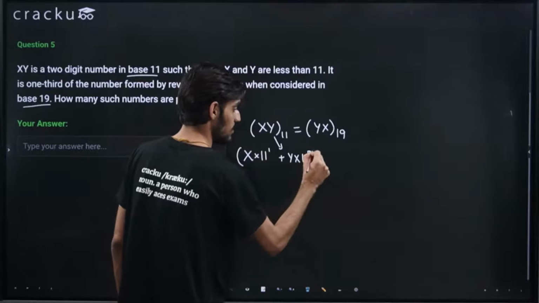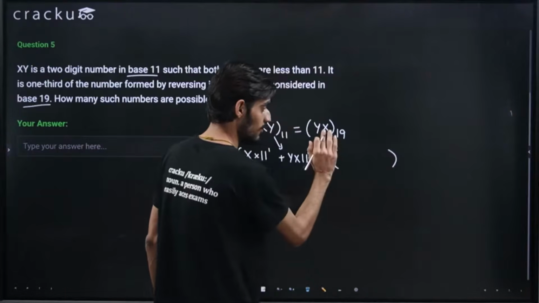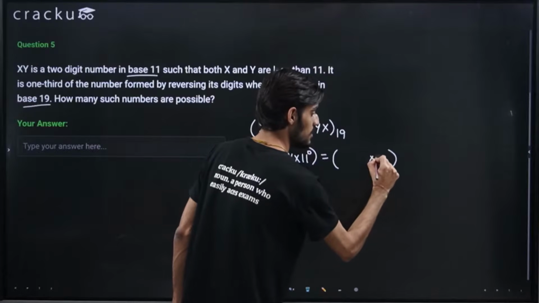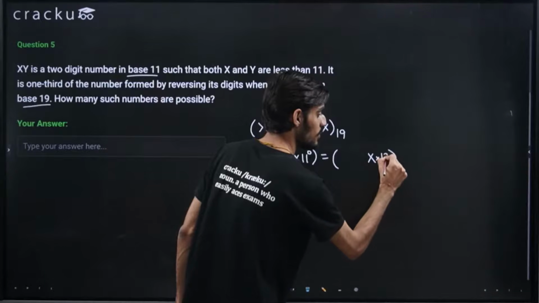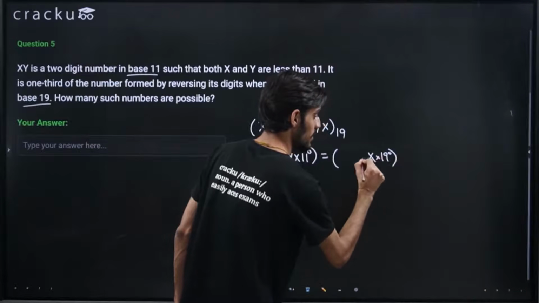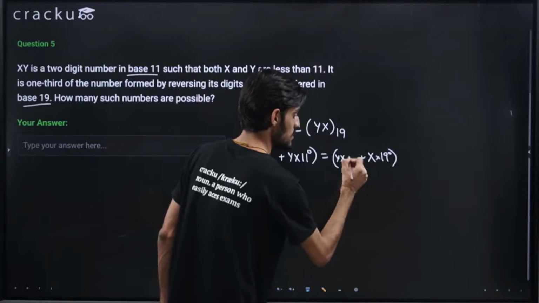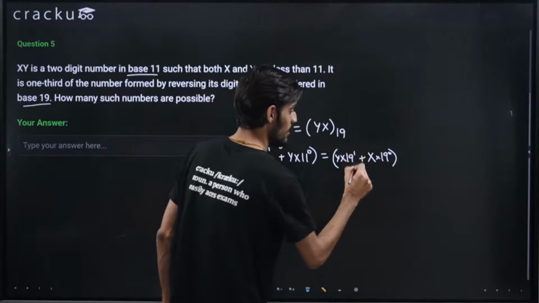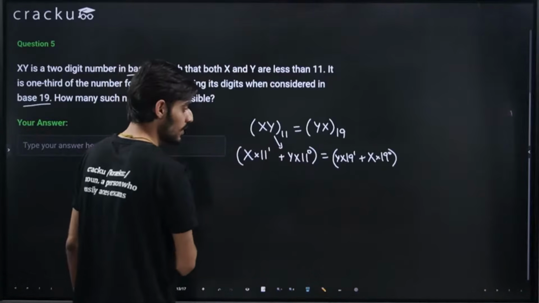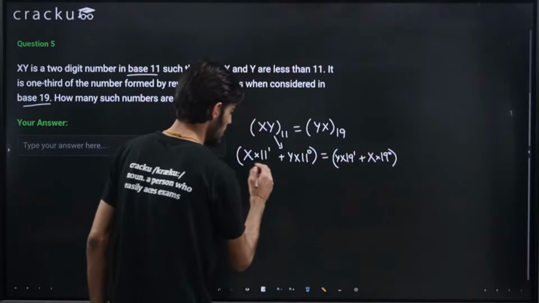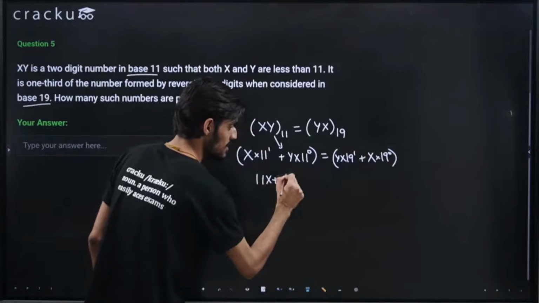And the right hand side is x multiplied by 19 raised to the power 0 plus y multiplied by 19 raised to the power 1. Right. So we just need to equate these two expressions on the two sides. So this is 11 into x plus y.